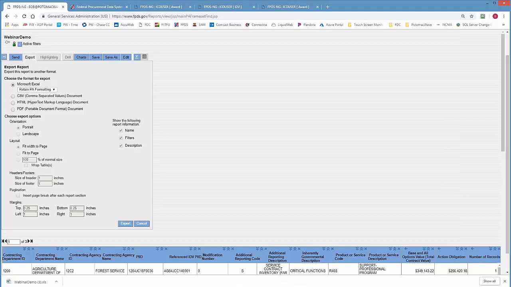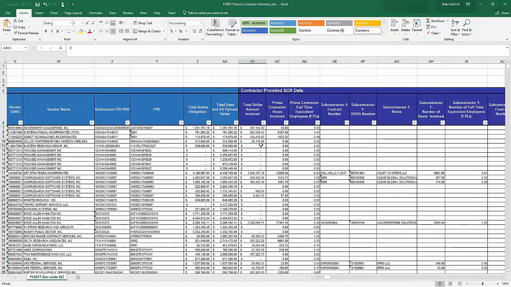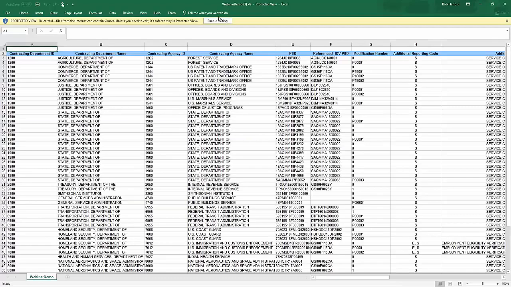I hit Excel, either Excel or CSV. Sometimes they'll cut you off there too if your report is too big. Okay, there you go.